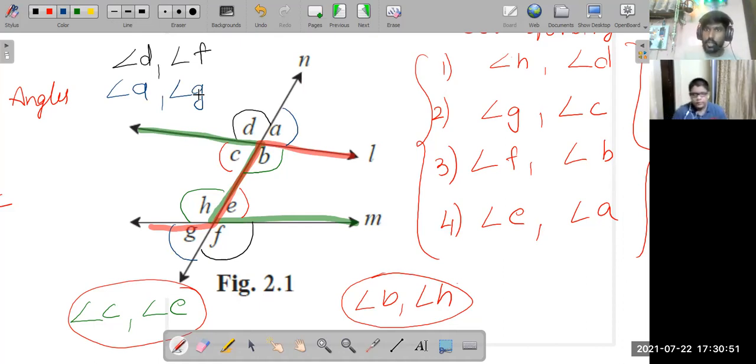So that is also a pair of alternate angles. But they are outside those two lines. Okay, they are outside the lines L and M. That is why they are called exterior alternate angles. Is this clear? Interior alternate angles and exterior alternate angles. Okay.